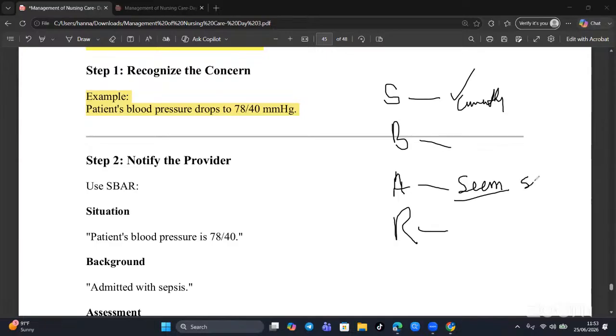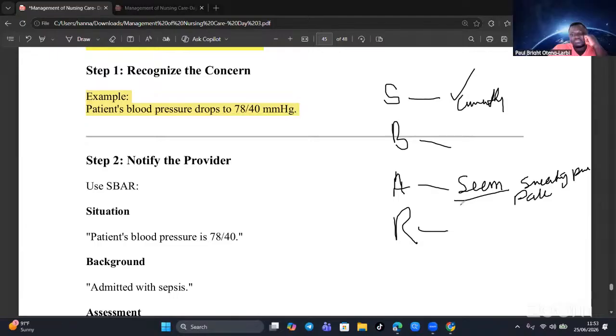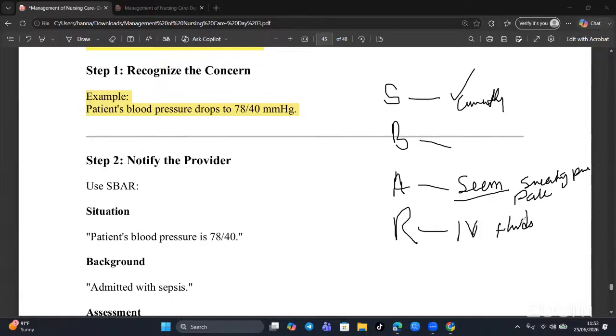He looks pale, and his capillary flow is greater than 3 seconds. I will recommend you make orders for IV fluids to be infused to increase his blood pressure now. And I will also recommend you come and assess him further. Thank you.